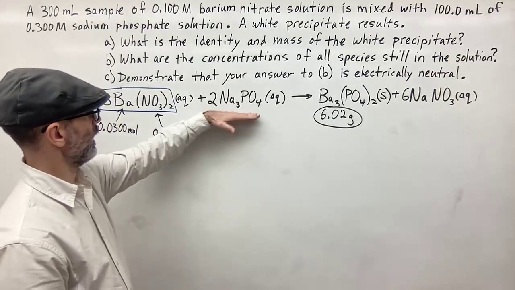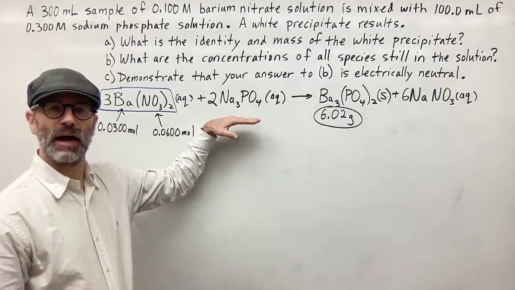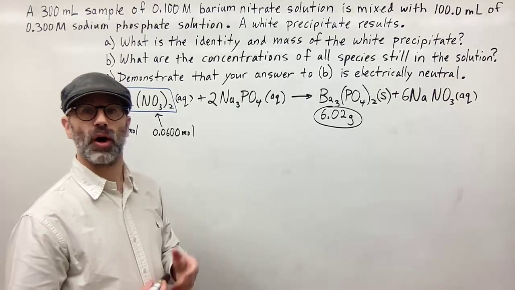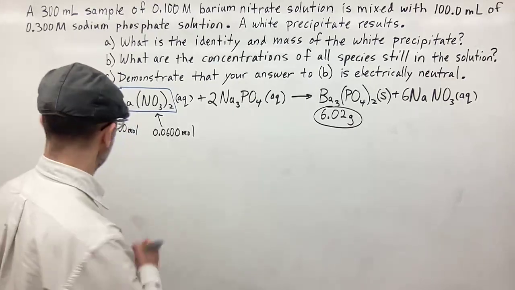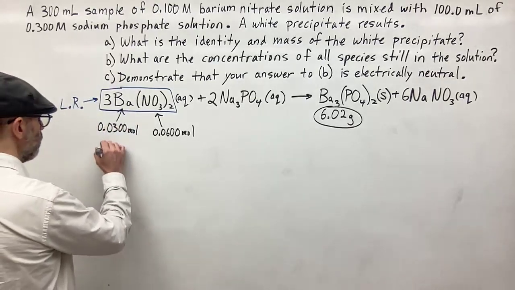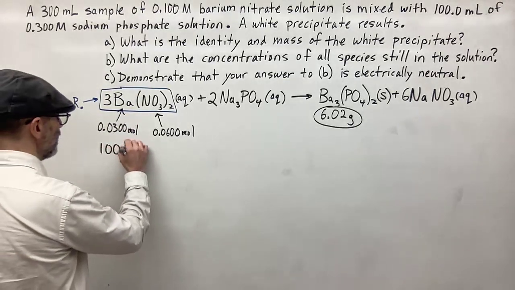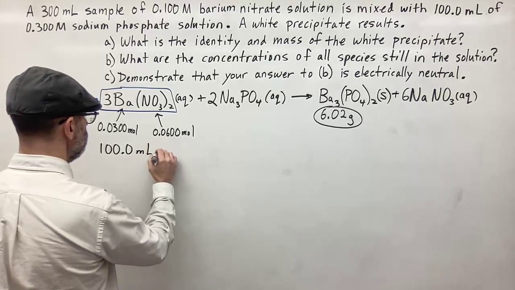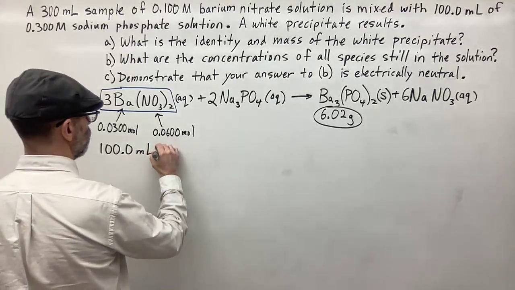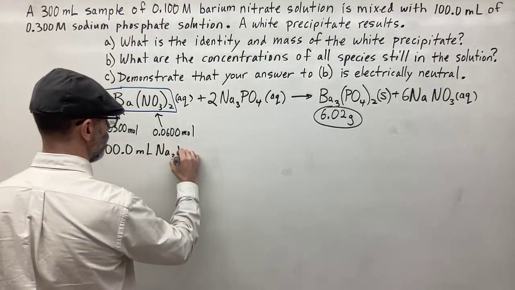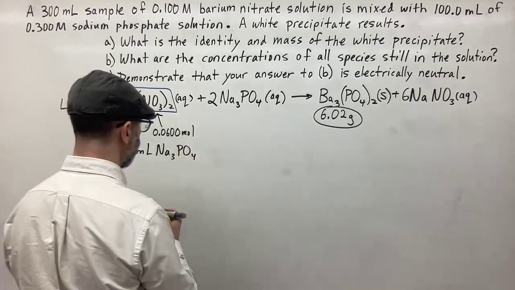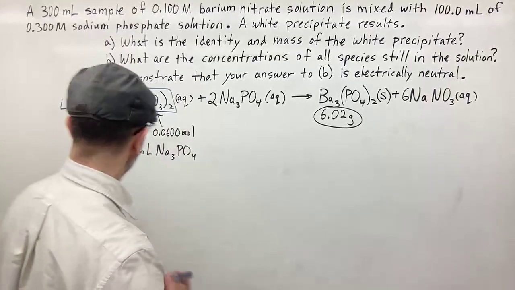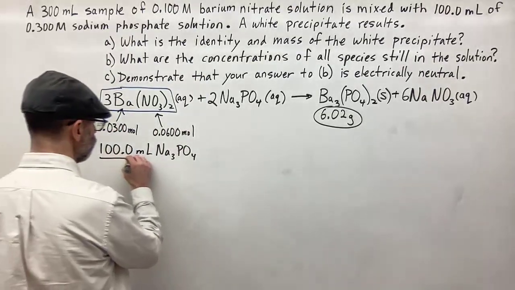So let's go ahead and figure out the amount of each of these ions in solution to start with. So we'll start with the 100 mL of our sodium phosphate solution, just like we did before. So we have 100.0 mL of the sodium phosphate, Na3PO4. And what we're going to do is convert that to liters again.